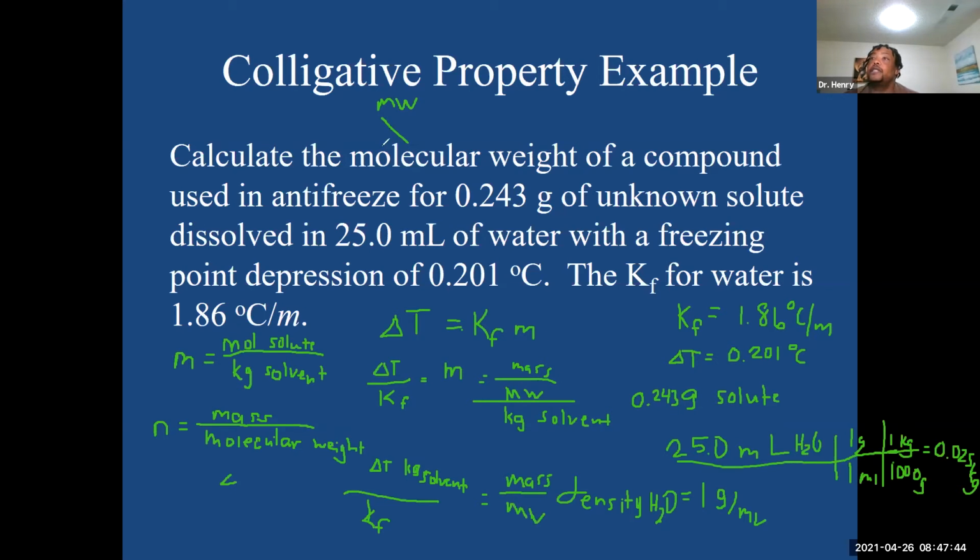And we're going to get MW by itself. So we'll get MW equals mass times Kf over delta T times kg solvent.